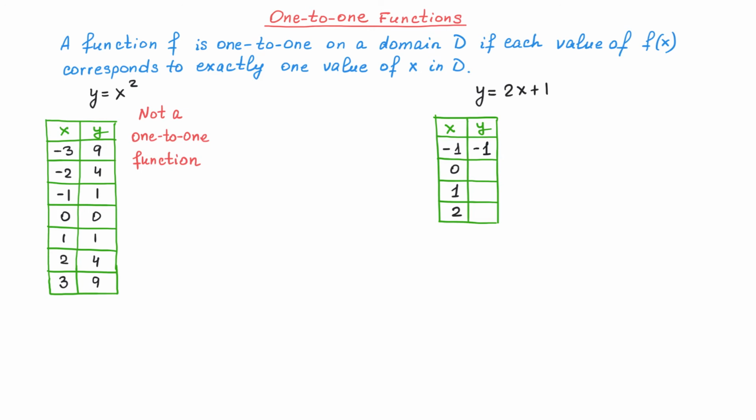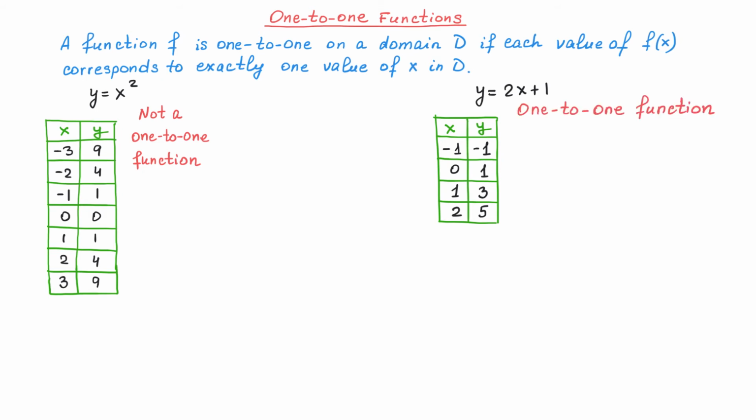Then we will replace 0. 2 times 0 is 0 plus 1, 1. Then 1. 2 times 1 is 2 plus 1, 3. And then 2 times 2 is 4 plus 1, 5. In this function, as you see, there are no values in the range that repeat. Therefore, this is a one-to-one function.